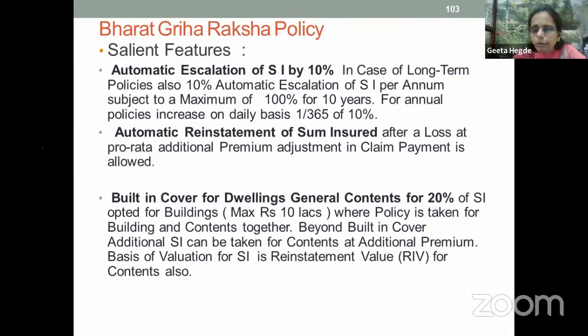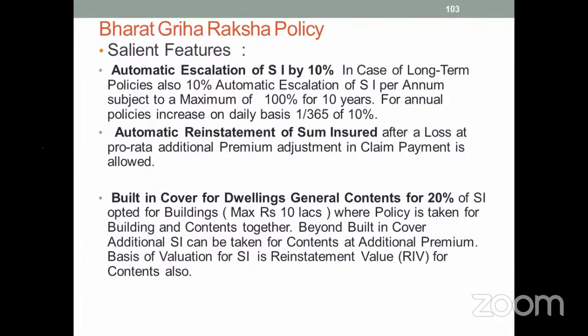If you take additional contents, you pay extra premium, but your content cover up to 10 lakhs is inbuilt within the sum insured of the building. So if both content and building are lost, then the sum insured is the limit.